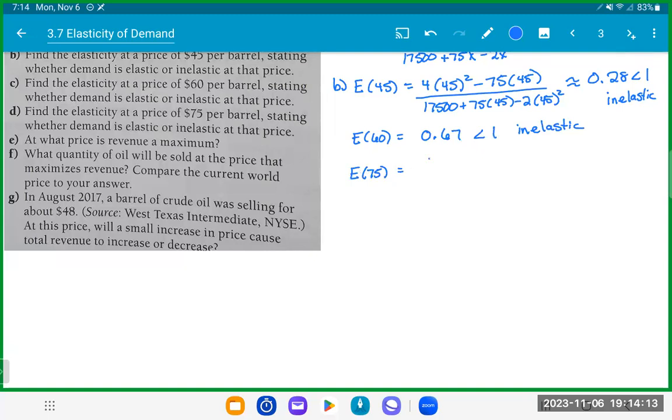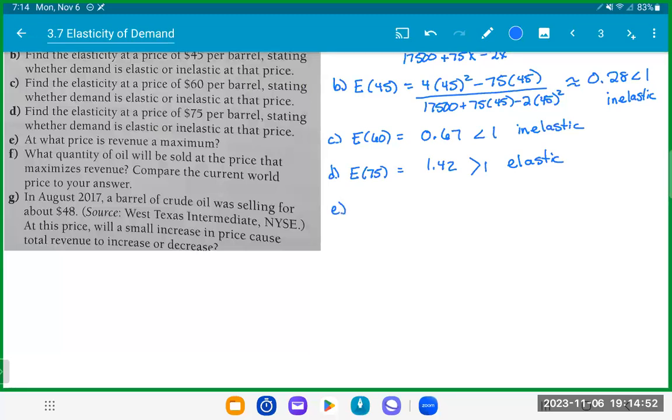Once we hit $75 a barrel, we plug that into our elasticity formula and we get 1.42. That is greater than 1, therefore this is elastic. Therefore, that means that our revenues are starting to decrease, okay? And so we want to be somewhere between 60 and 75 is where we're going to meet that optimal or maximum revenue, okay? So this was part C and this was part D.